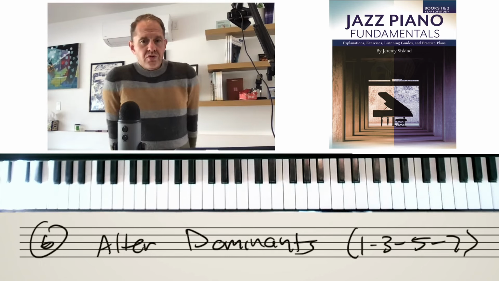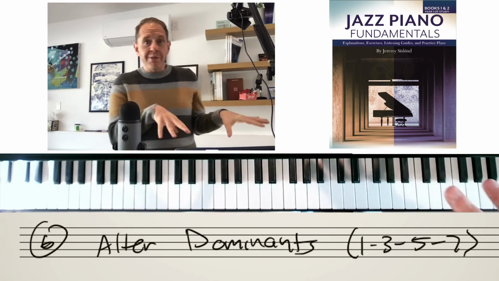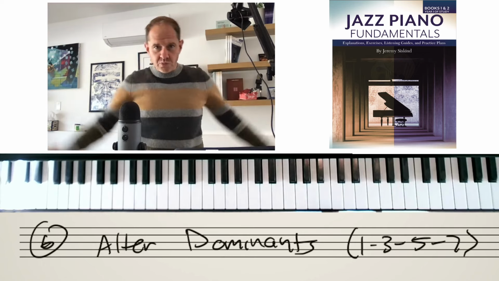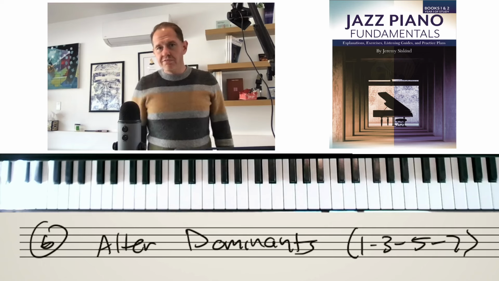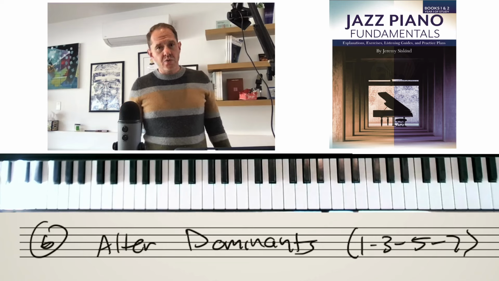So my rule, if you're not playing a shell voicing or a Bud Powell voicing, and you're playing 4 or 5 notes, is that you need at least one color tone. And I'm very pro having at least one alteration as well.